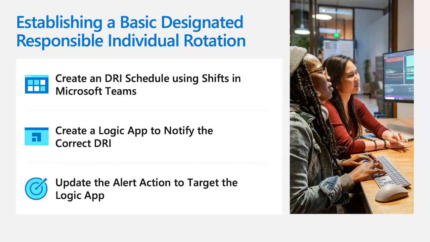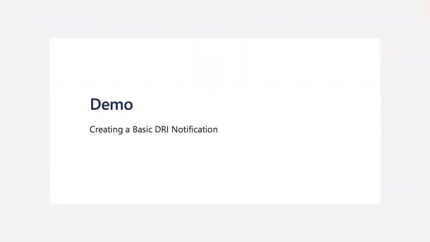We're going to learn how we can create a logic app, which is really, really simple to actually connect over to that Shifts team app in Microsoft Teams. And that way we can notify the correct disaster recovery individual or responsible individual. And then we're going to learn how we can update the alert action target in the logic app itself. So this first demo, we're going to go through creating a basic DRI notification.